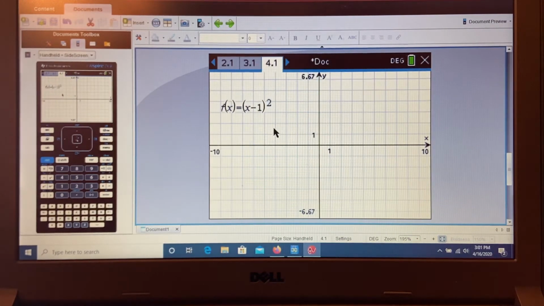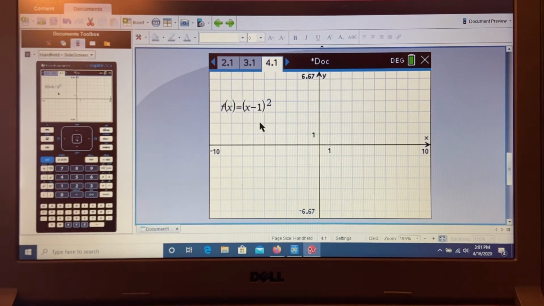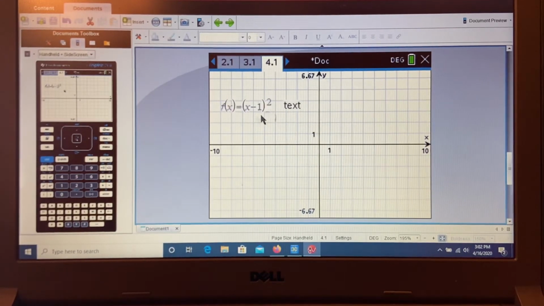Now on our next one, we don't have all 3 transformations. We don't even have a k value. So when we're finding the vertex and we don't have both an h or k, whatever we don't have will be a 0. So this one means it moves over +1 to the right, but it does not move up or down.